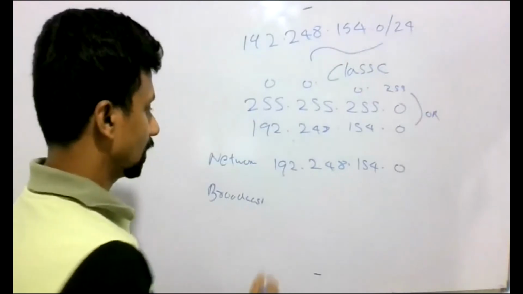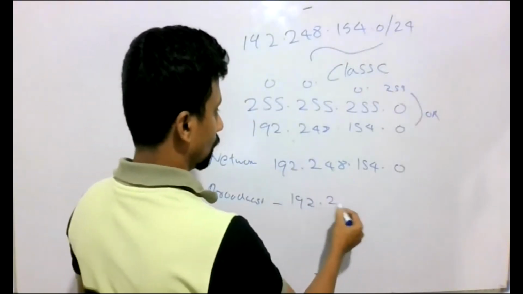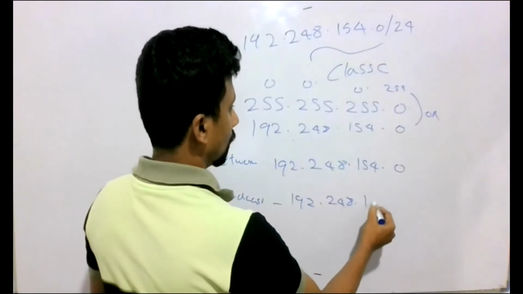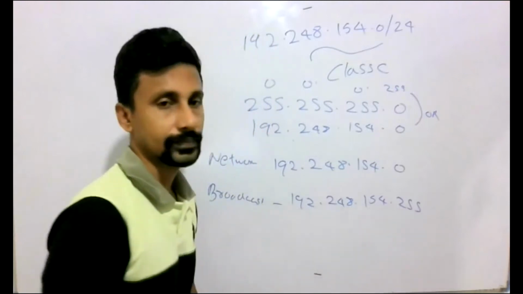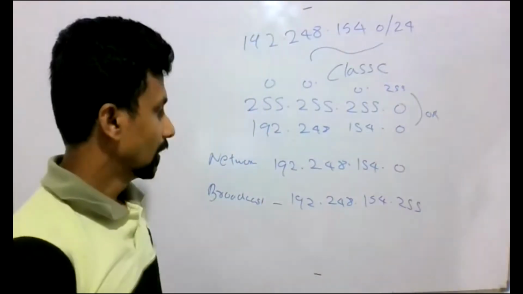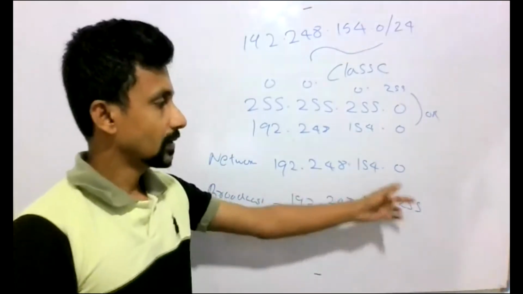Your broadcast is 192.248.154.255. So the address range is 0 to 255.